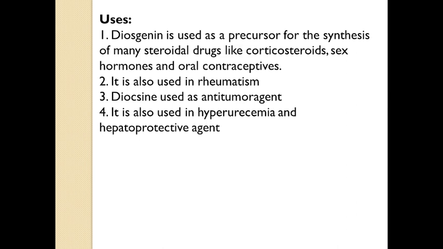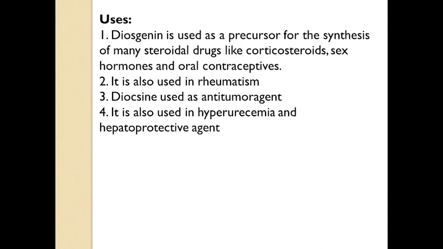Now what will dioscin do? Dioscin will significantly inhibit the synthesis of proteins of the extracellular matrix, and that will result in degradation of the extracellular matrix, and thus it will give its hepatoprotective activity.